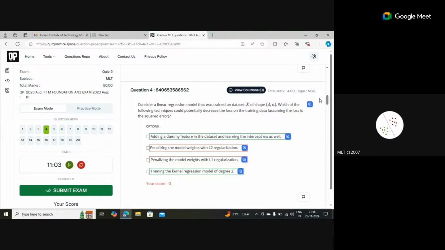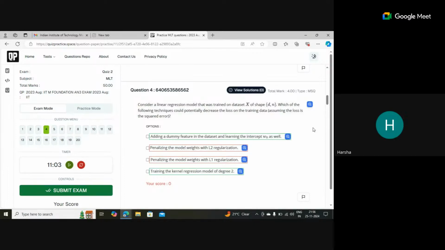No, I don't think so. Two and three give more emphasis on regularization rather than on model weights.